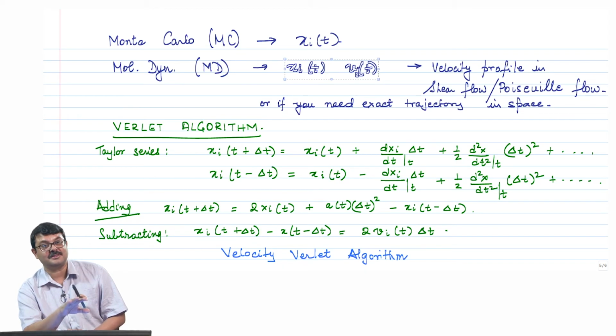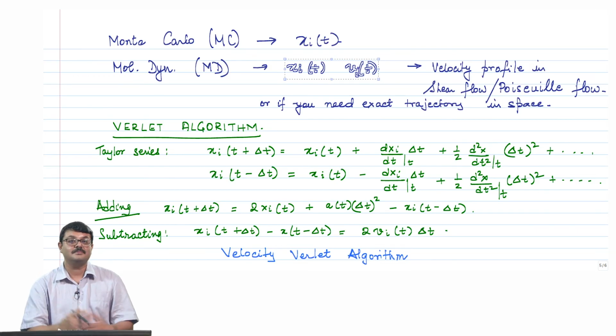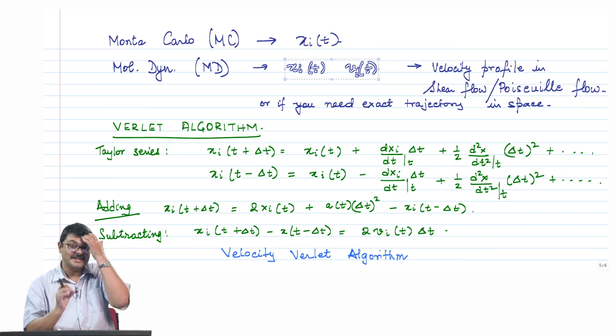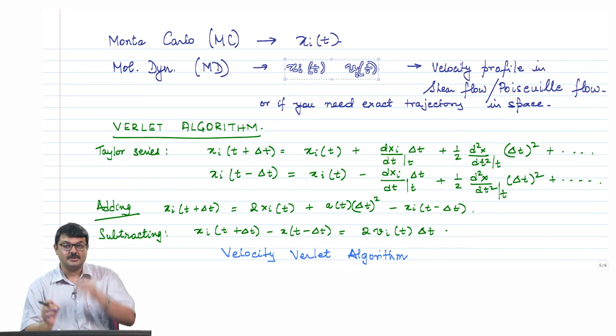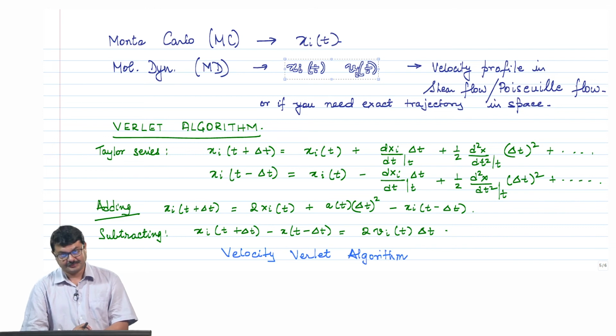The interaction might be the same, 1 by r, but you can't do a Monte Carlo, because there you are trying out random moves. If you want the exact trajectory of Neptune or a spaceship or some galaxy, then you do molecular dynamics.